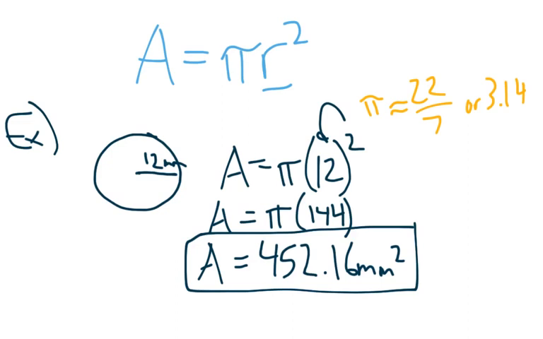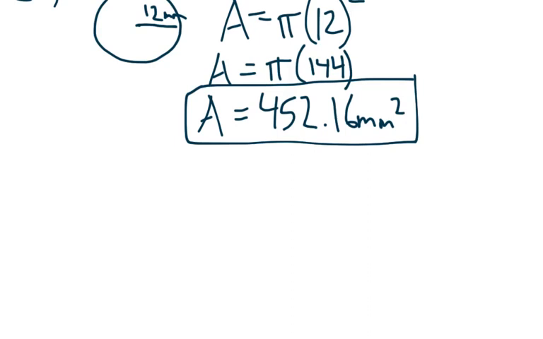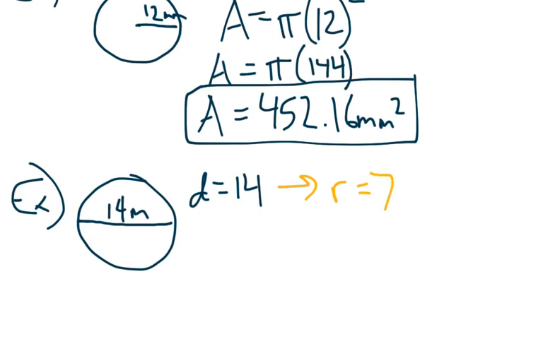Now, let's do another example. Let's change it up a little bit. In this circle, you're given a diameter, and its diameter is 14 meters. So in order to use the formula, we have to convert this diameter into a radius. If the diameter is 14, the radius is equal to 7.